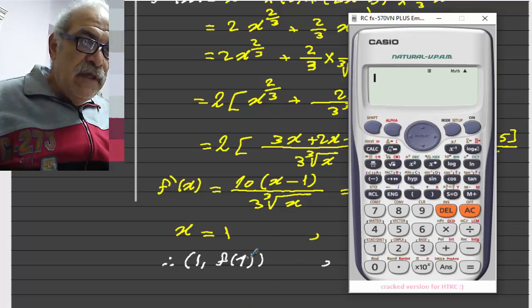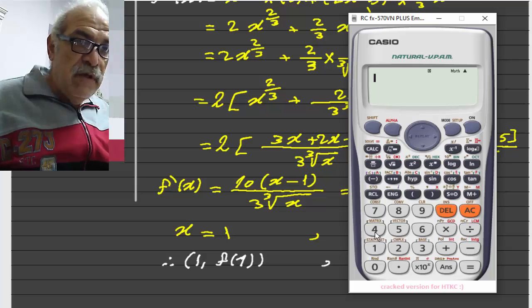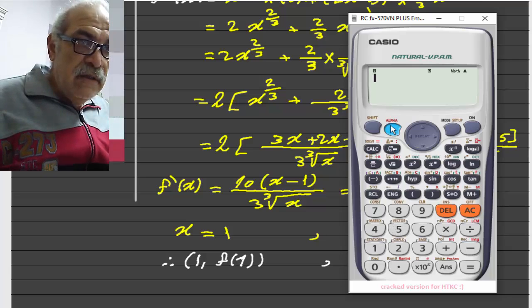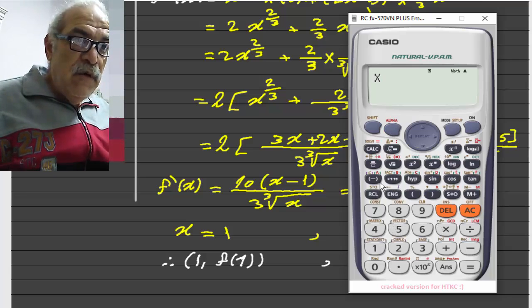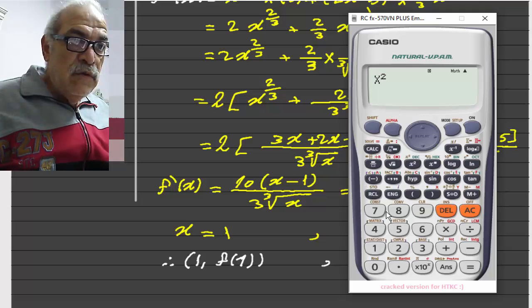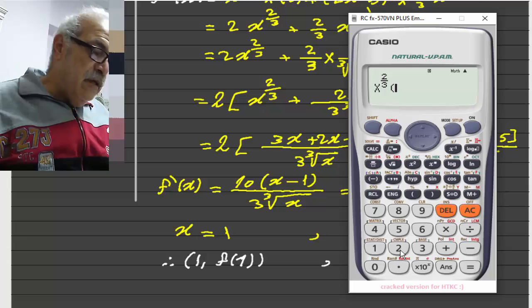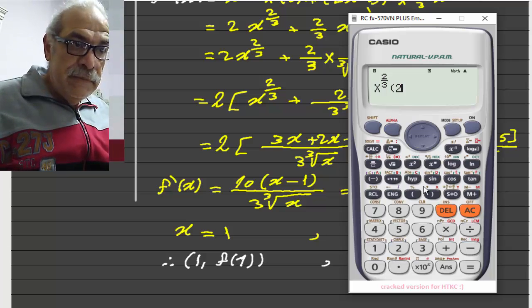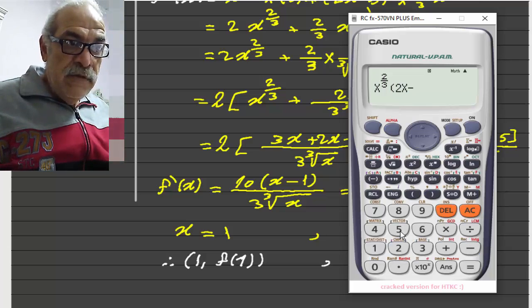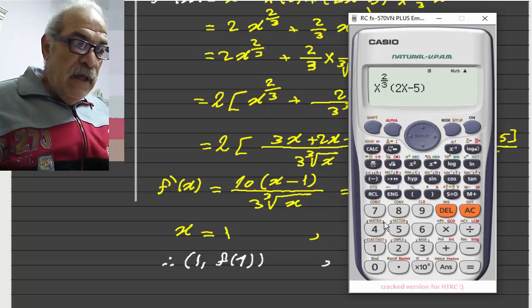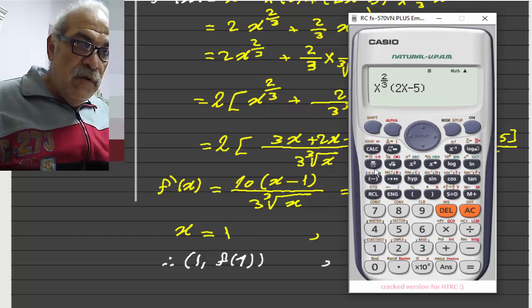Now we calculate f of 1 using calculator, x power 2 over 3 multiply 2x minus 5, and we calculate for x equals 1.